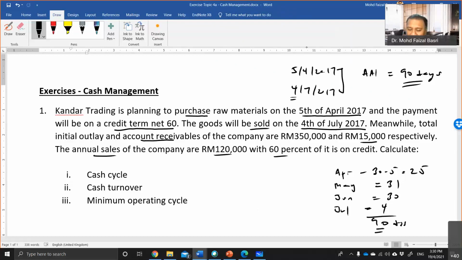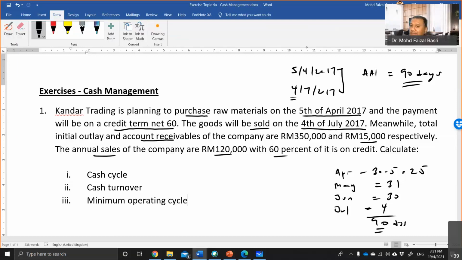Remember, ACP is from the day your customer purchases your goods until the day they make payment to us. So basically ACP stands for the number of days taken for your customers to make payments. And if you look at these credit terms, this credit term is the payment of this company for their purchase of raw material.